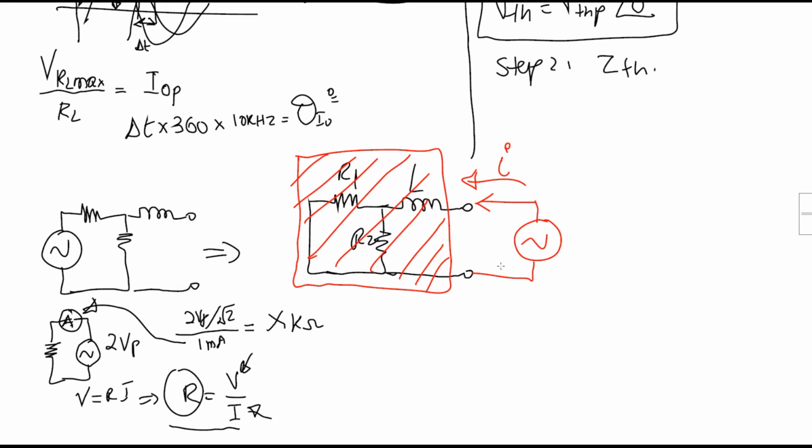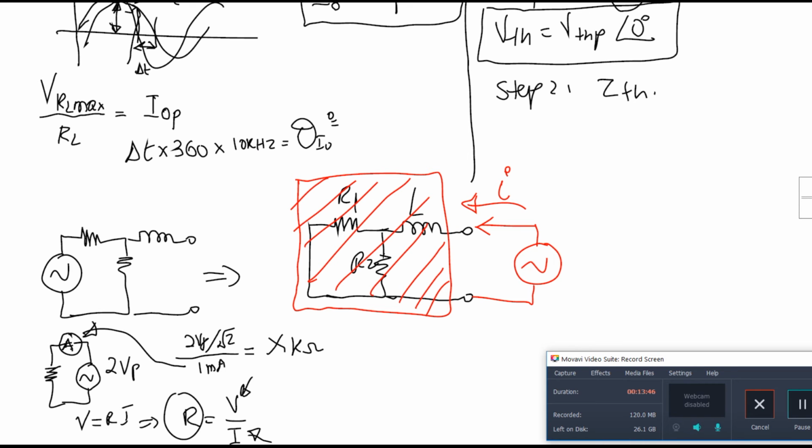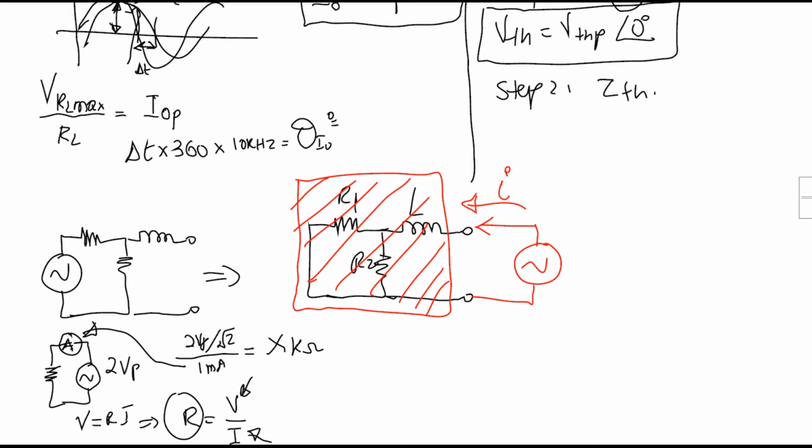Okay, we're supplying this black box with a voltage source, and this current will flow inside this black box and come back through this wire.